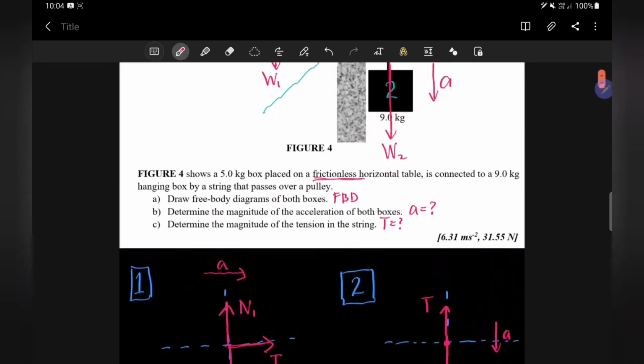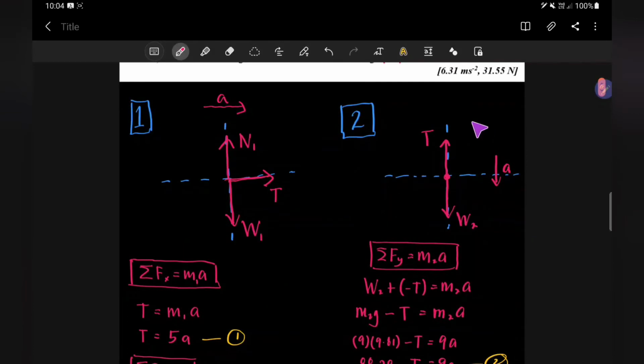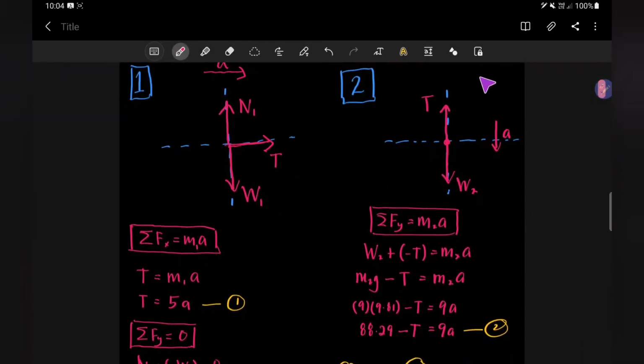And then we refer to the second body. From the second free body diagram, everything just lies on the y component, isn't it? So we start with the summation of Fy, and we have a here. So the sum of Fy equals m2a. We label it as m2 to avoid any confusion here. This is m1 and this is m2.